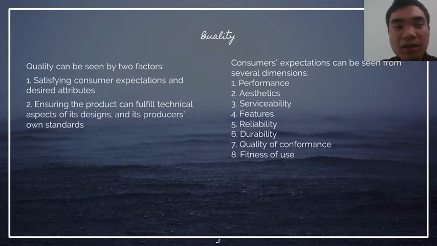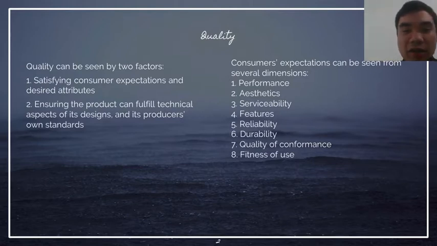The sixth is durability, how long the product can survive independent of its function. The seventh one is quality of conformance, that is, how well the product fits the specifications and designs of its creators. The final one is fitness of use, that is, how well the product functions in comparison to the advertisements and marketing of its creators.